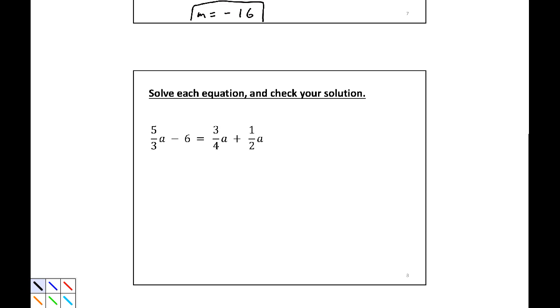Now, for our last question in this segment. All right, we want to look for the least common denominator, and the least common denominator of 3, 4, and 2 should be 12. Yes, 12 is a multiple of all three of those. So we'll go ahead and multiply by 12 over 1.